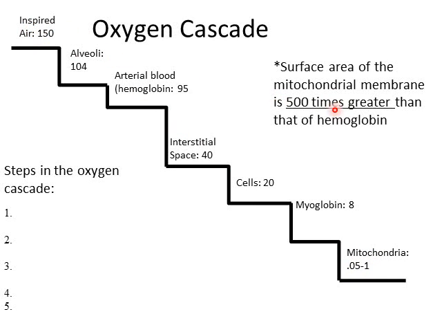A couple other key things: one of the big reasons there's so much surface area in the mitochondria is that it allows for a lower partial pressure, because it spreads out the little bit of oxygen in there through all those different layers, and that gives it 500 times greater surface area than that of hemoglobin. The other thing is myoglobin has a very high affinity for oxygen, so it's pulling on oxygen very hard to grab hold of it and pull it out of the interstitial space.